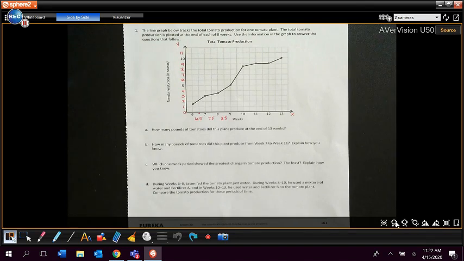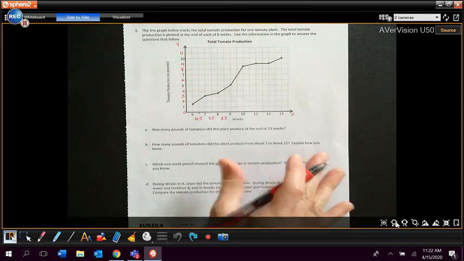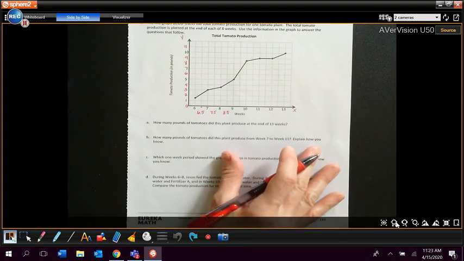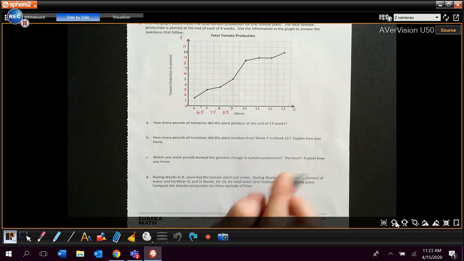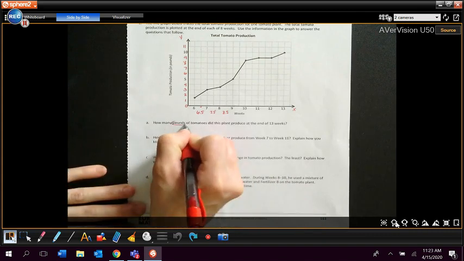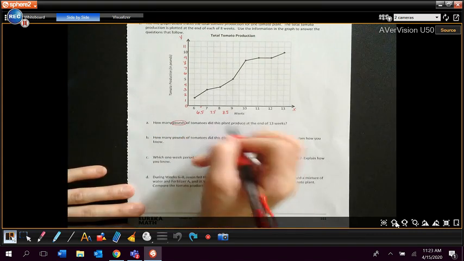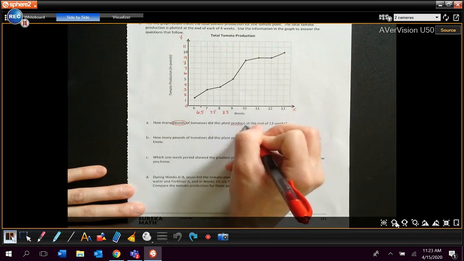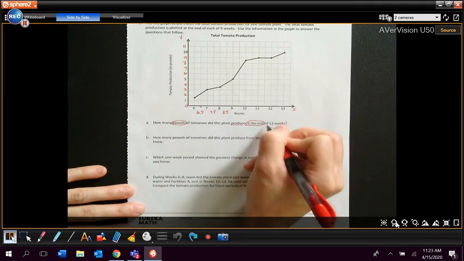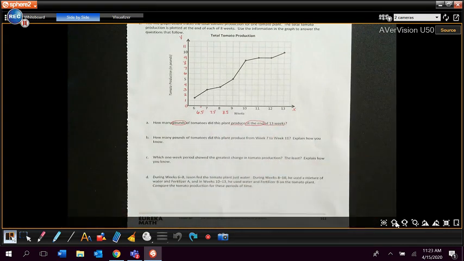So we're going to begin with letter A. It says, how many pounds of tomatoes did the plant produce at the end of 13 weeks? So we're looking at the pounds. Be very careful, boys and girls, when you are reading these questions, because one word can throw you off.